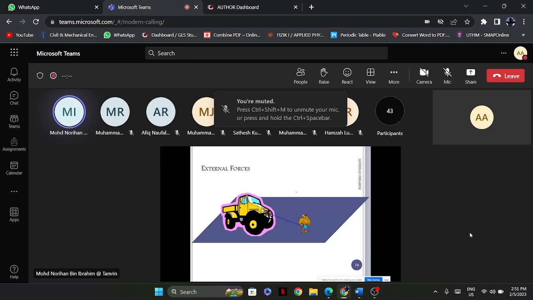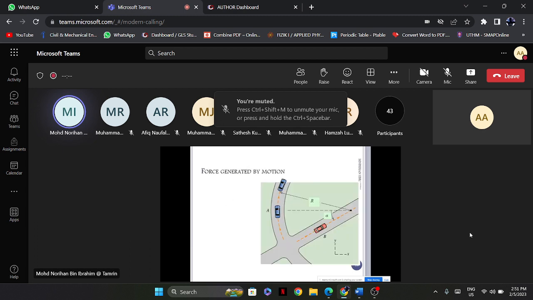Here, with the animations, are the illustrations of an external force which is applied to this object. And due to the action of this force, this guy falls down, as you can see here. And the next is force generated by motions. So this blue car moves or travels along this curve within a path of motion.